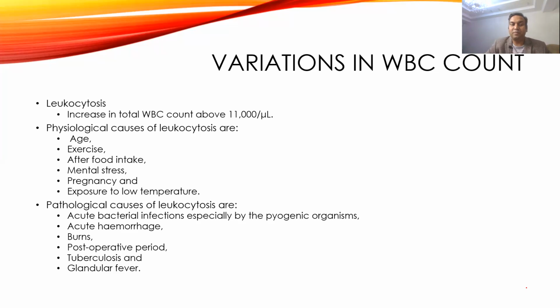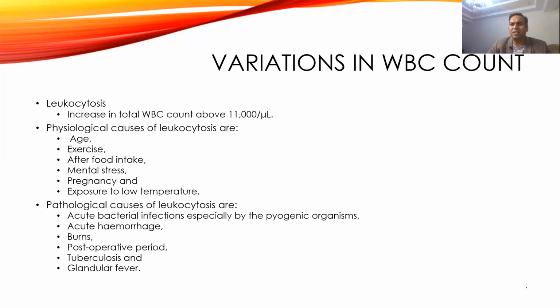Then pathological causes: obviously, as these are immune cells, infection will cause it. Acute bacterial infection will increase the total WBC count, but more specifically, it increases the count of neutrophils. Then acute hemorrhage or burns, immediately after an operation, tuberculosis, and glandular fever, that is infectious mononucleosis. In those also, the counts are increased.